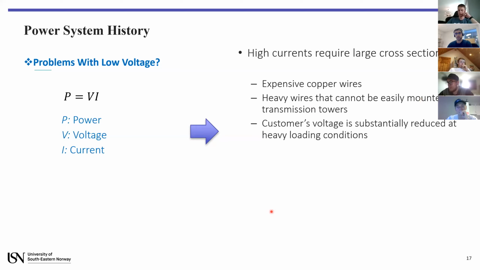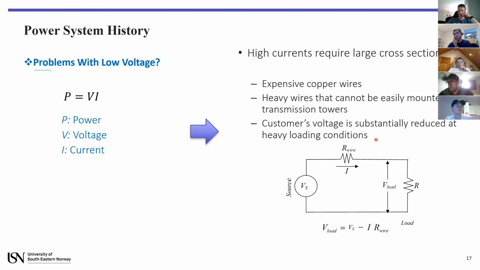On the other hand, according to circuit theory, the voltage on the terminal of the customer will reduce when you increase the current. So you can see it. Consider a very simple diagram for the power system. You have the source here. The resistor is equivalent for the load, and you have the wire.